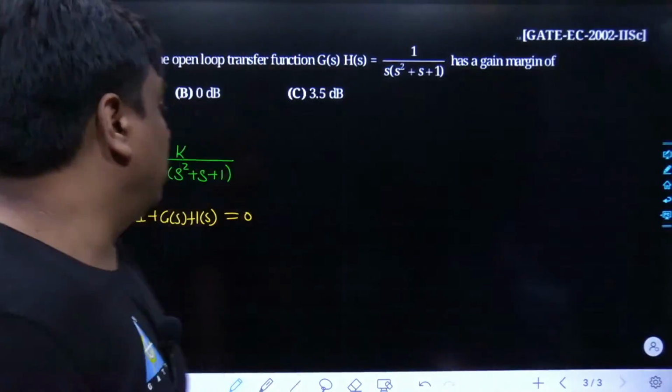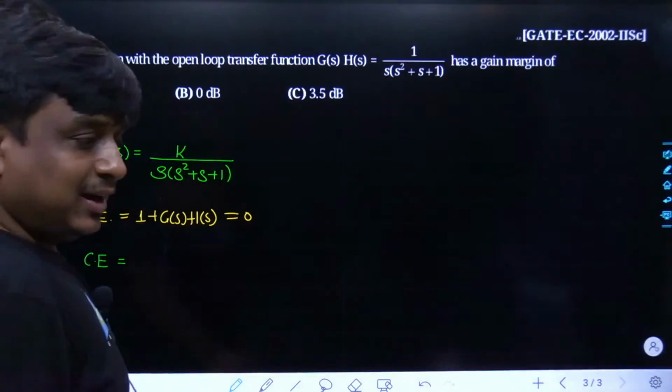Perfect. Amit is saying the answer would be B. That's gonna be 0 dB. Bingo. Anyone else apart from Amit?